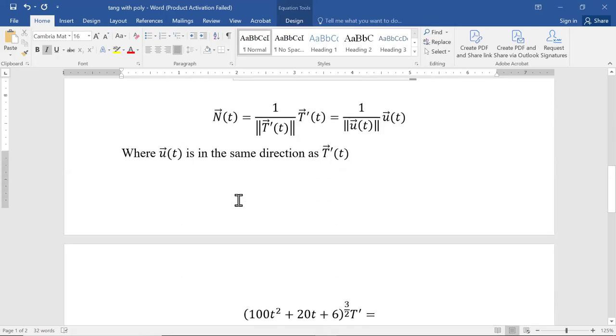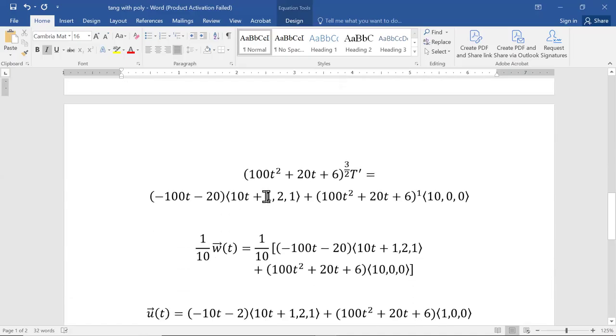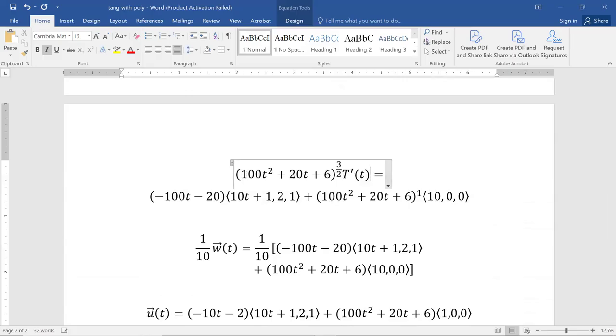I think the easier way to calculate is to multiply by a constant number, and that gives me another u in the same direction as t prime. The constant number I chose is 100t squared plus 20t plus 6 to the 3/2 power.